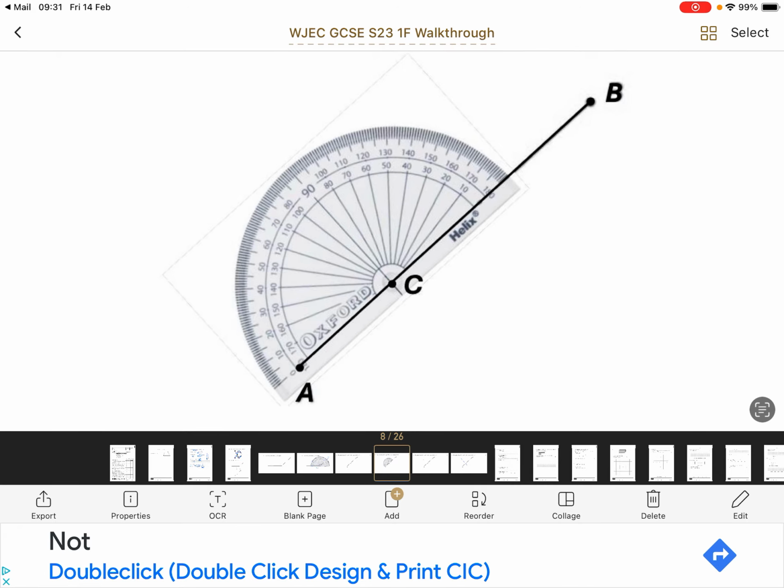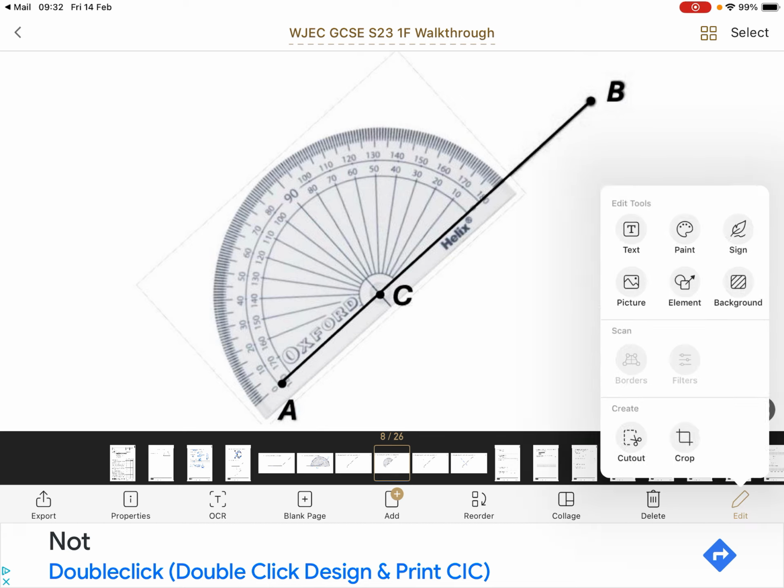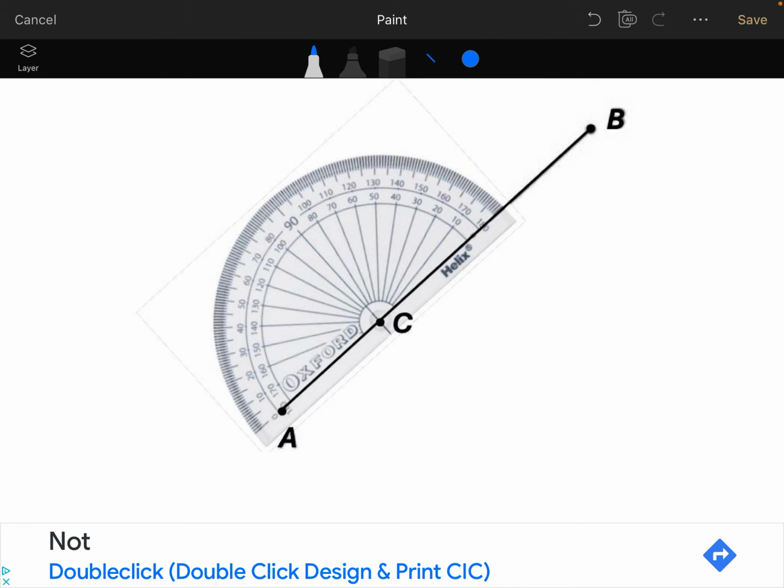So here's the line now. I've lined up my protractor with the crosshairs on C. Notice that A is exactly at 0 degrees, and B is the other end of that line, which shows at 180 degrees. I want to find 90 degrees, which is the halfway point. It doesn't matter which scale I look at because it's halfway through. So I'm going to put a mark where the 90-degree line is.